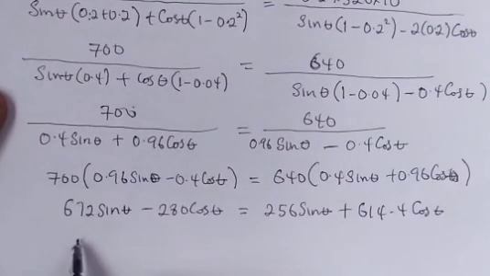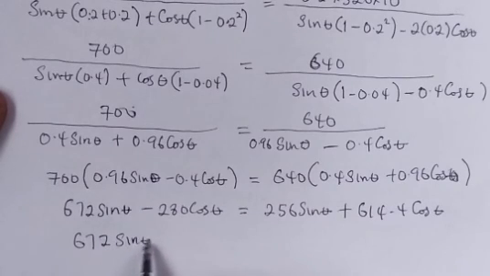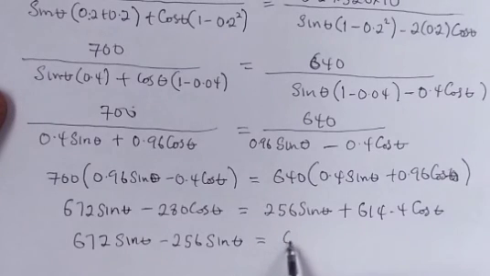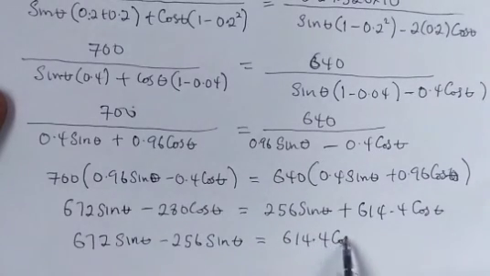So collect like terms. So we're having 672 sine theta, this is coming here, minus 256 sine theta is equals to 614.4 cos theta plus 280 cos theta, right?